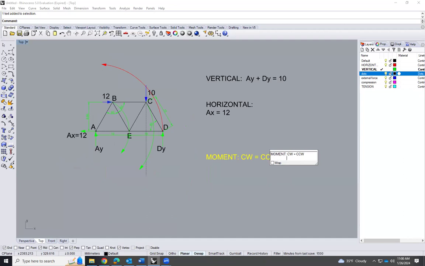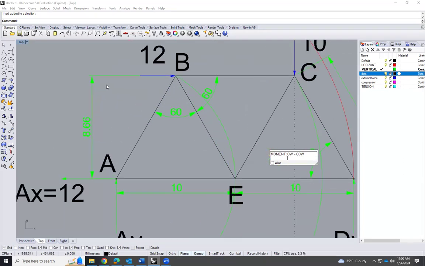So what goes clockwise? Clockwise is this force 12 times the distance, but the distance is the perpendicular distance between point A and the line in which this force is applied. So this force is applied here, so this distance is 8.66.